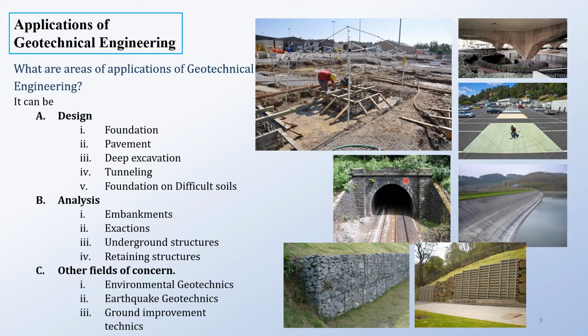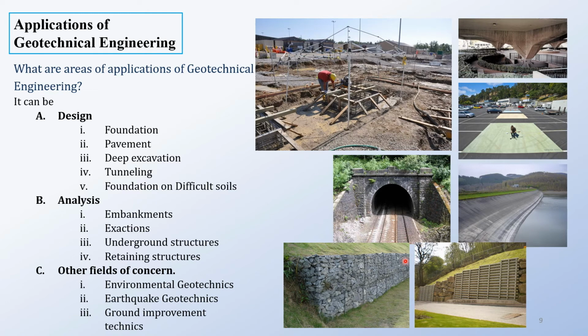Even in this case also, there is of course soil and rock that is present. This structure and even this structure is holding the soil behind, so these structures are known as retaining structures.